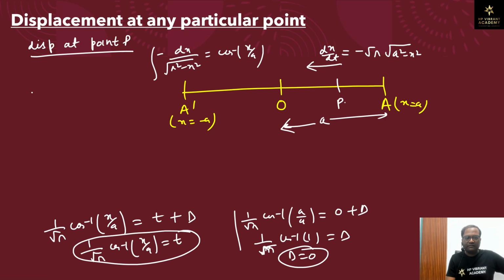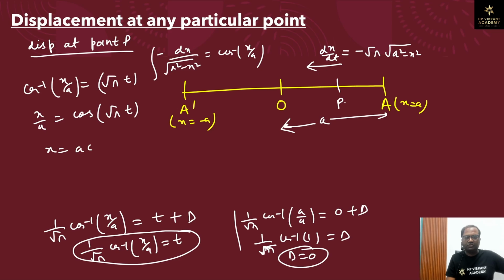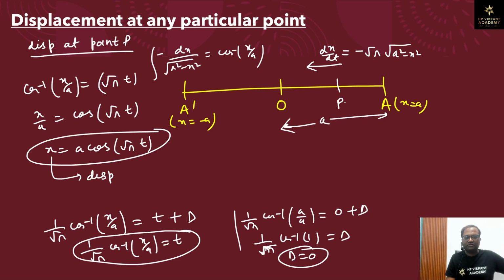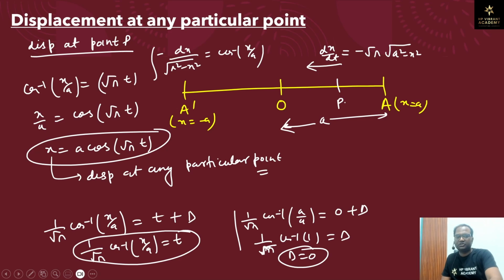So cos inverse of x upon a is equal to root mu into t. So x upon a is equal to cos of root mu into t. X is equal to a cos root mu t. This x is the displacement at any particular point. Okay, let us move further.